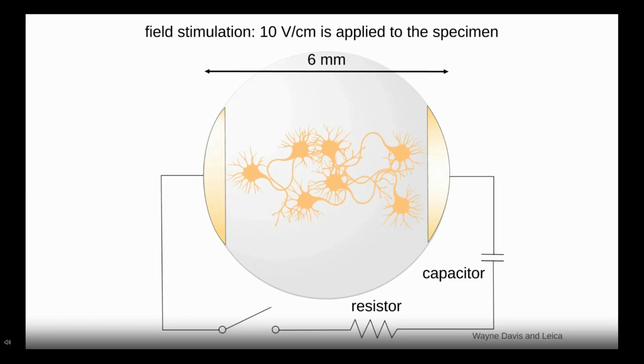So here's the basic setup of what we term zap and freeze and the principle by which it works. Essentially, you just have a capacitor that's charged up and closed by a photoelectric switch. When this is charged up, the neurons aren't being stimulated. You charge it up, everything goes into the high pressure freezer.